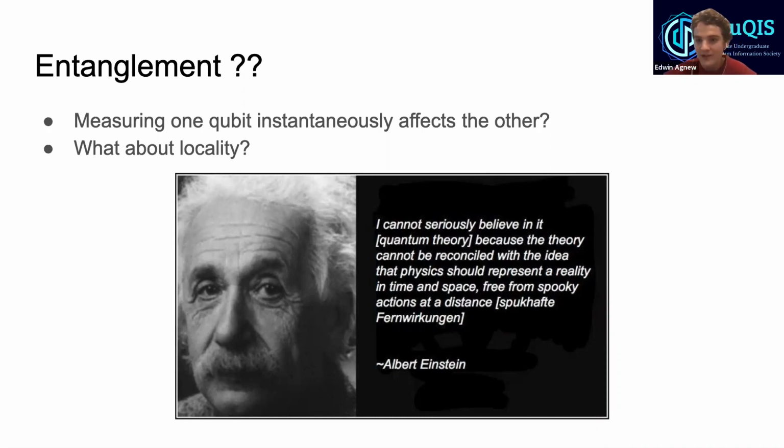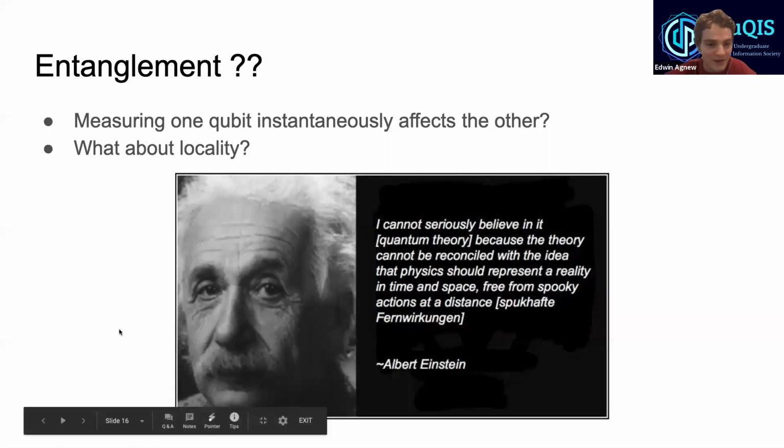Einstein thought instead that the state before being measured still already knew what it was going to be. And it was as if before the two qubits were separated, they had kind of already secretly agreed they would be measured to a 0. That has been empirically disproven. And so that means many people just say, all right, then we have to give up on locality. We're not going to worry too much about that, but just a little interesting tangent.